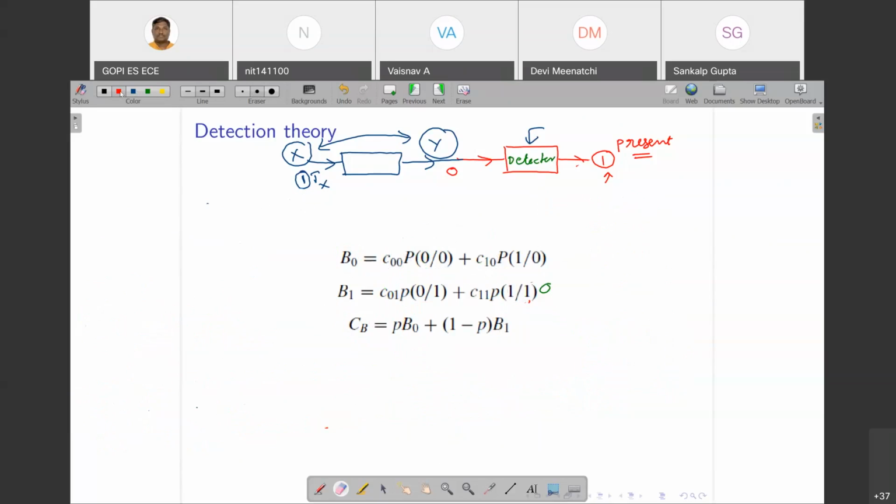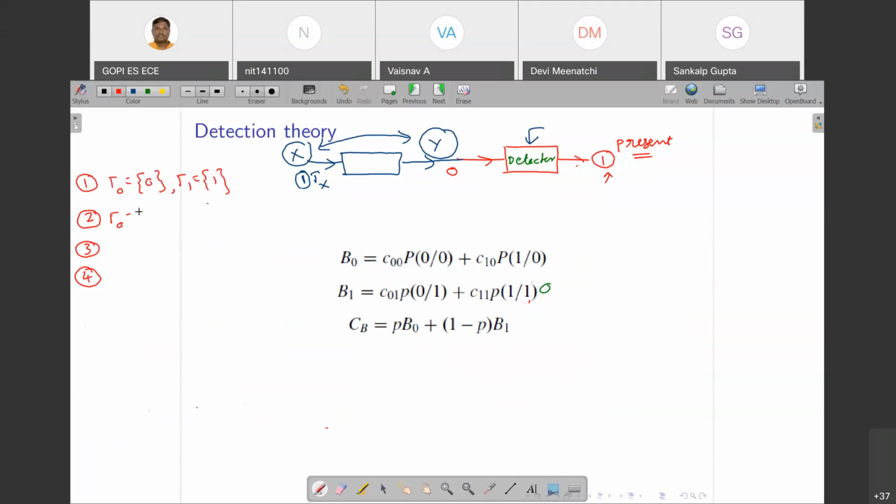So now we know the rule. Let me write this rule. We have 4 rules. Gamma naught is 0 and gamma 1 is 1 here.